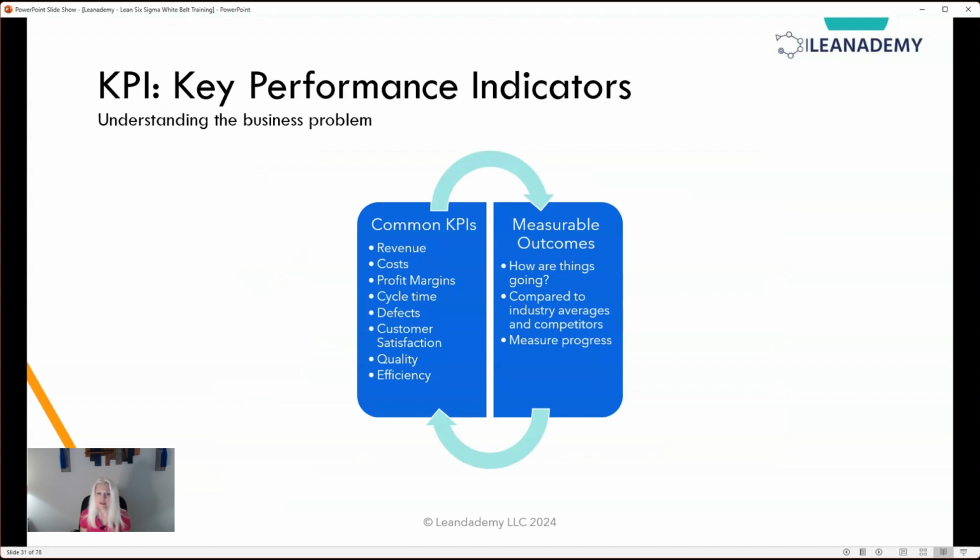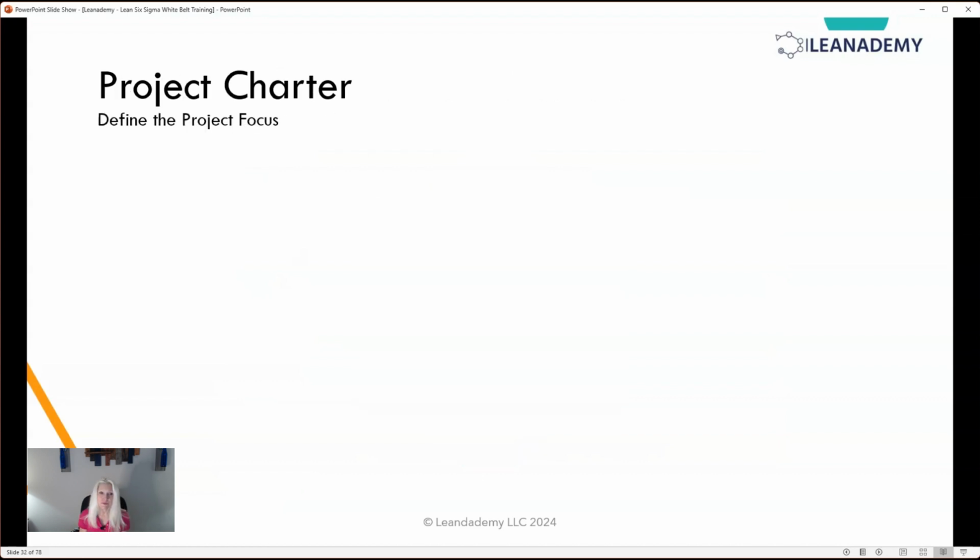Are we having quality issues? All of these measurable outcomes tie back into each other, which then affects the bottom line. If you're able to drive down cost, decrease that cycle time, decrease your defects, but increase customer satisfaction, increase your quality, increase efficiency, this will affect your revenue because it will also increase your profit margins.